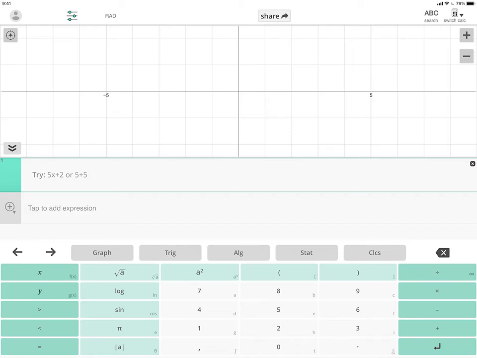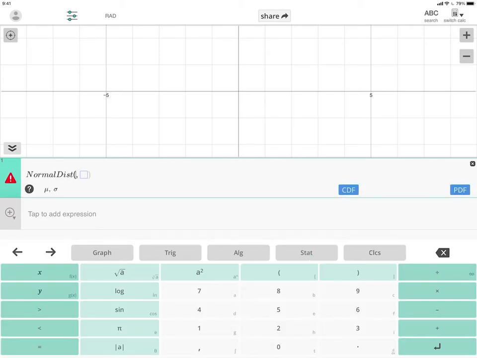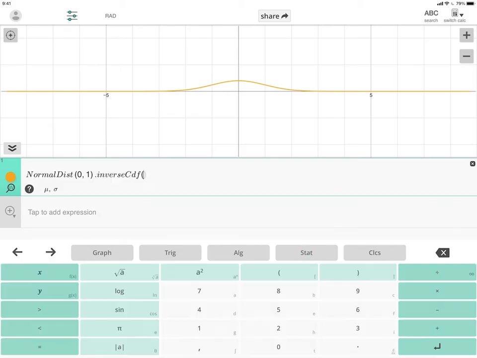So I need to find the distribution plots, the normal distribution, and I want to use the one with mean 0, standard deviation 1, and I want to find the inverse. So I go to that distribution, and I'm using the inverse CDF.